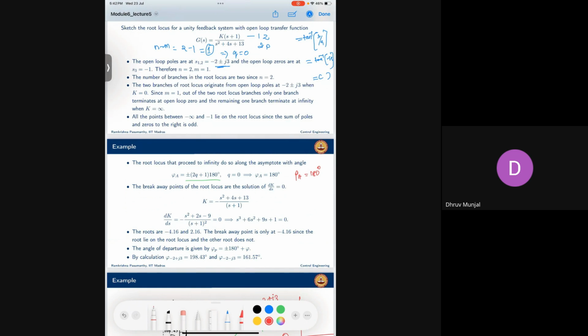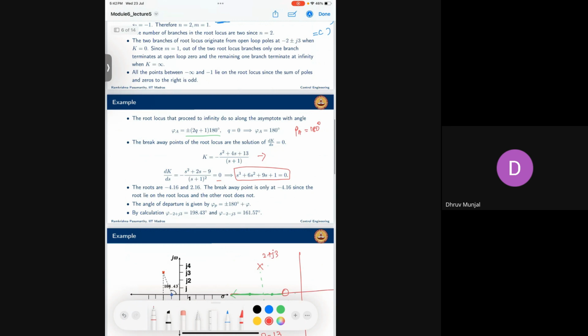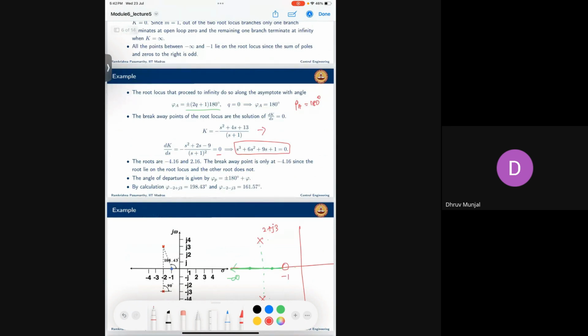So this will go down and this will come up. So it will be rewritten in terms of k, and differentiating with respect to s and equating it to 0, you will get a polynomial equation. And finding the roots of this equation, you will have 3 roots, right?